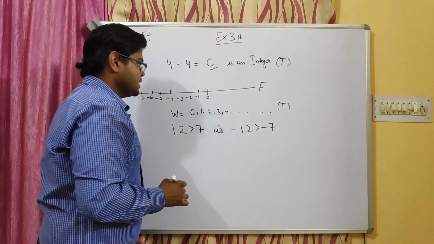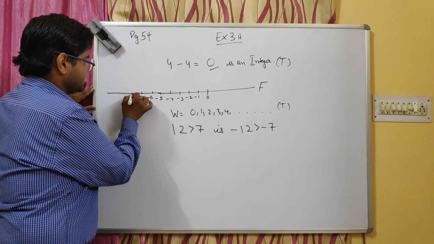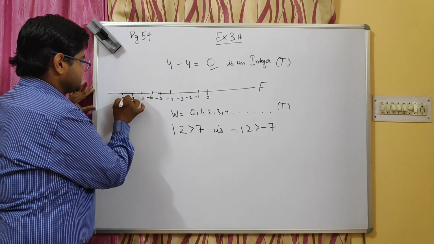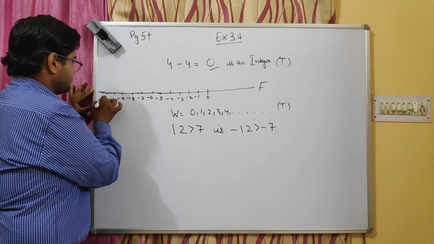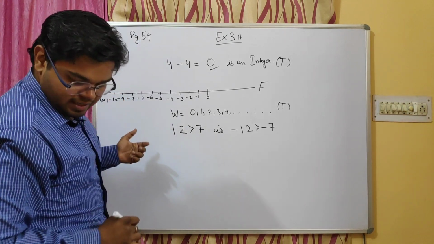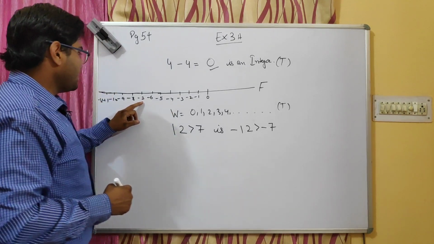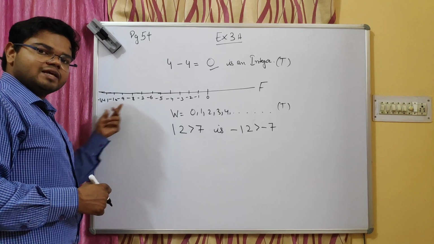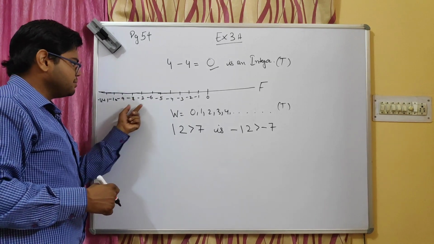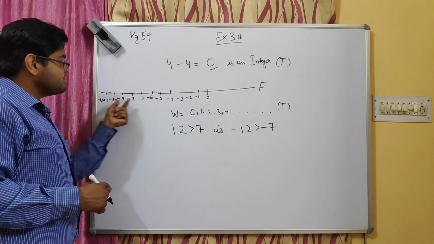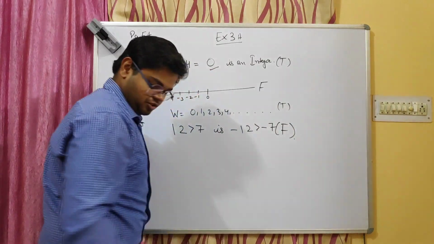Children, if we look at the number line and move left, it will be minus 8, minus 9, minus 10, minus 11 and minus 12 somewhere here. As we discussed in the previous class, the number to the right is greater. So minus 7 is greater than minus 12. So this statement is false, children.